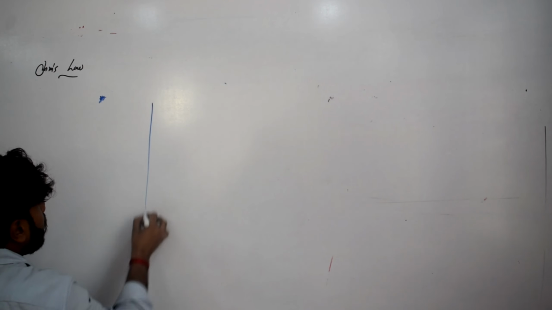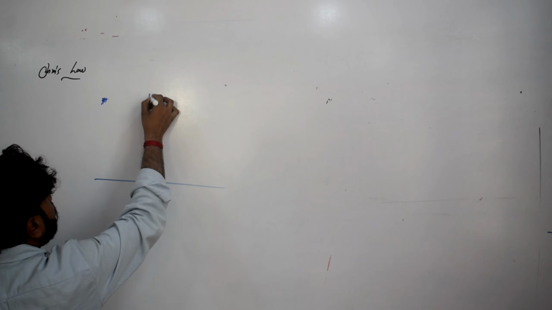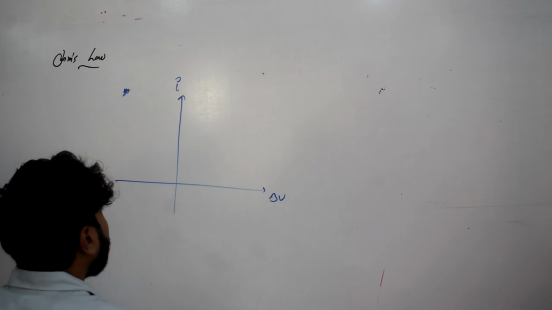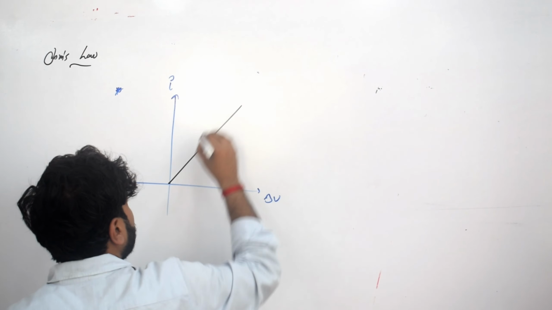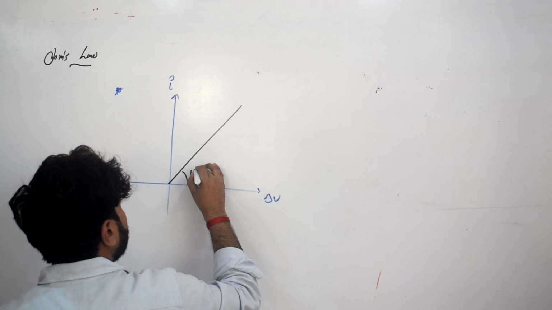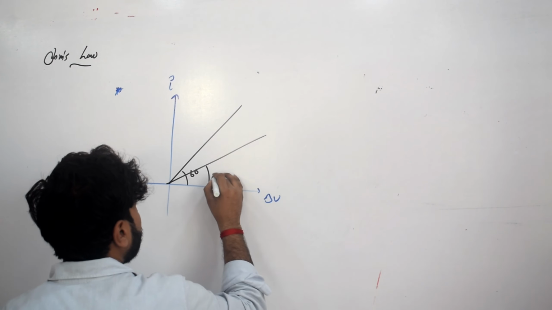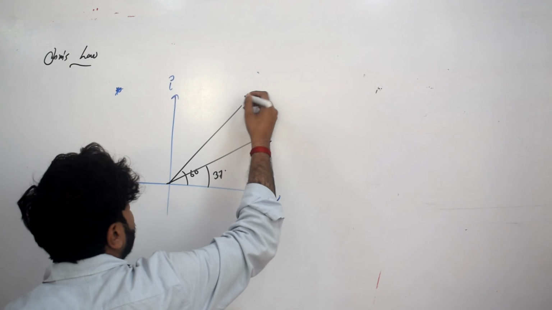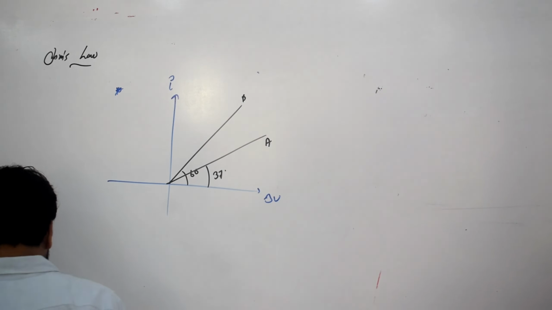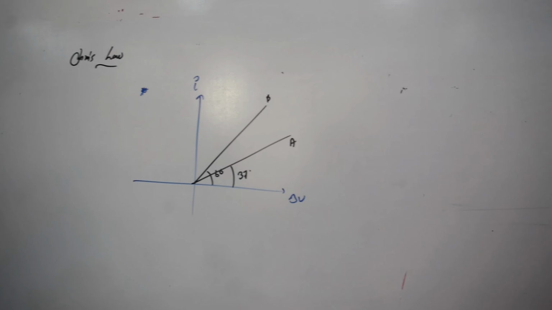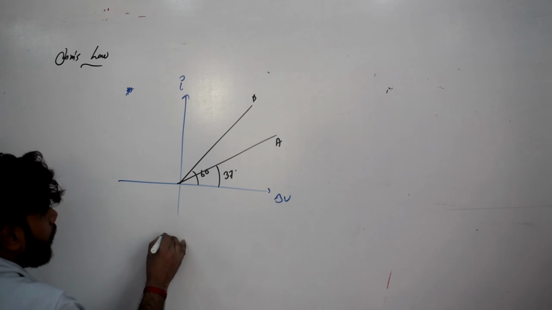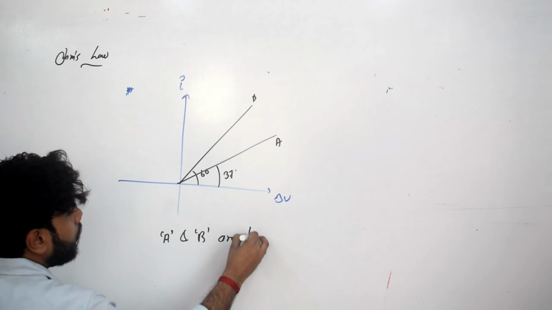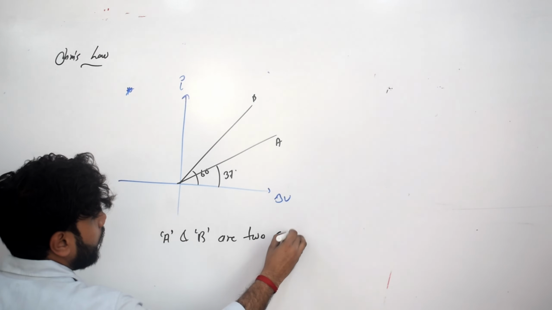If I give you a graph like this, and I say this angle is 60 degrees and this angle is 37 degrees, this is conductor A and this is conductor B. This is an I versus V graph, and A and B are two conductors.